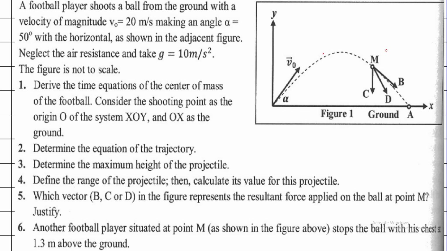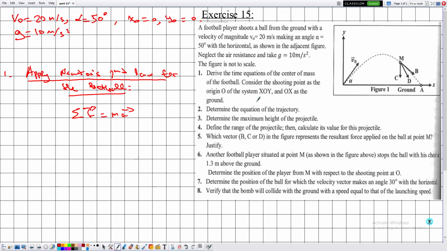Now at any instant, the ball is submitted to the weight only, because the air resistance is being neglected. Now we are interested in the projection along y, which is equal to minus w, which is pointing in the negative direction, and wx is simply given by 0.